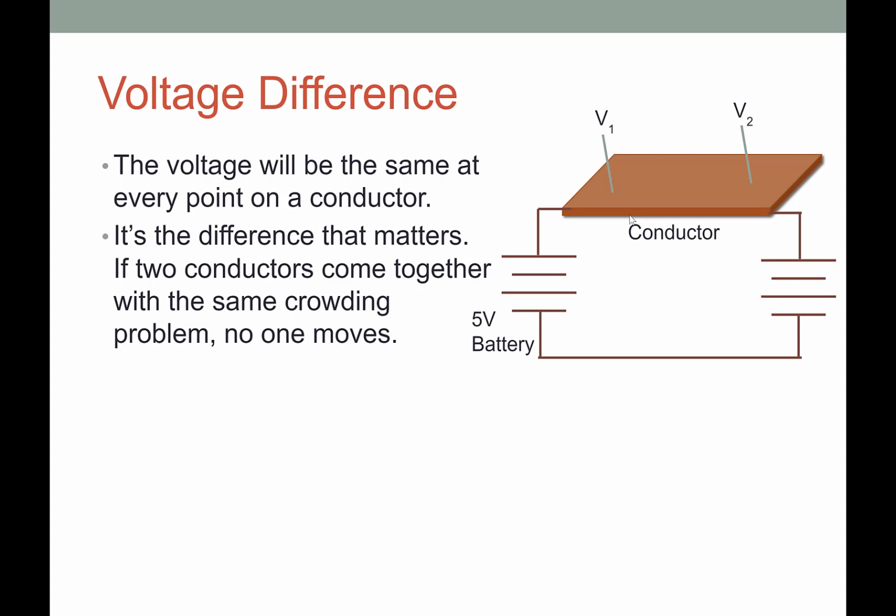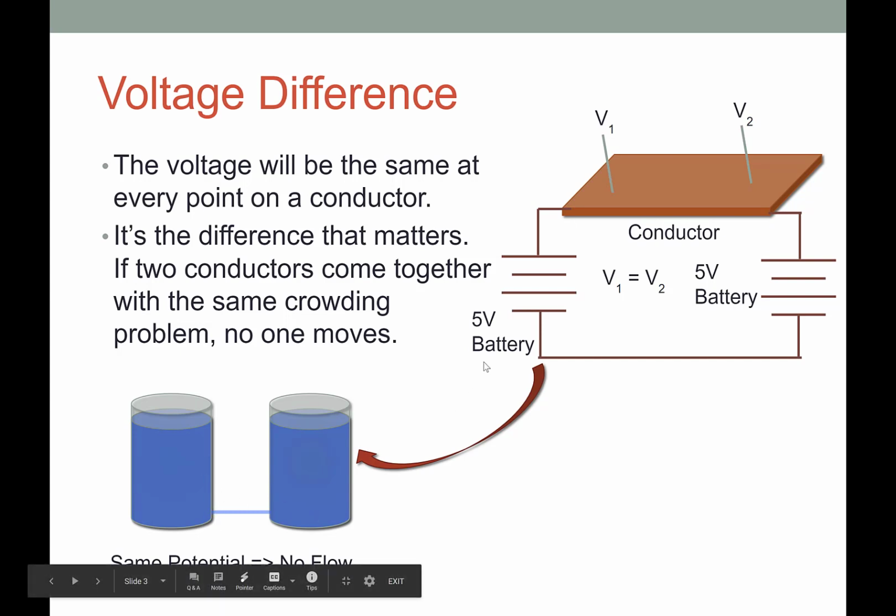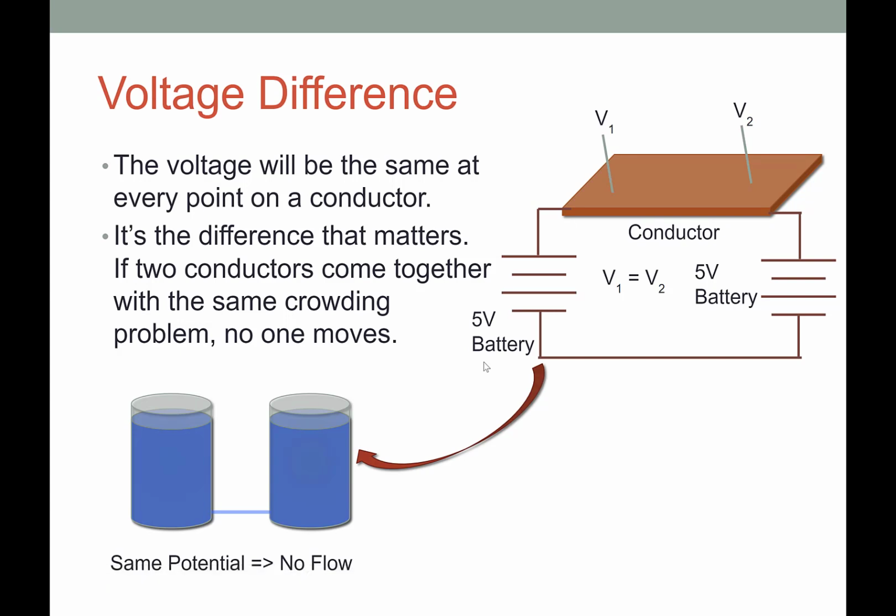If we have two conductors that come together and they have the same potential, no worries, everything stays the same. It's similar to connecting two full tanks that have the same potential. If I connect those two at the bottom, I'm not going to have any flow going through the connection between those two tanks.